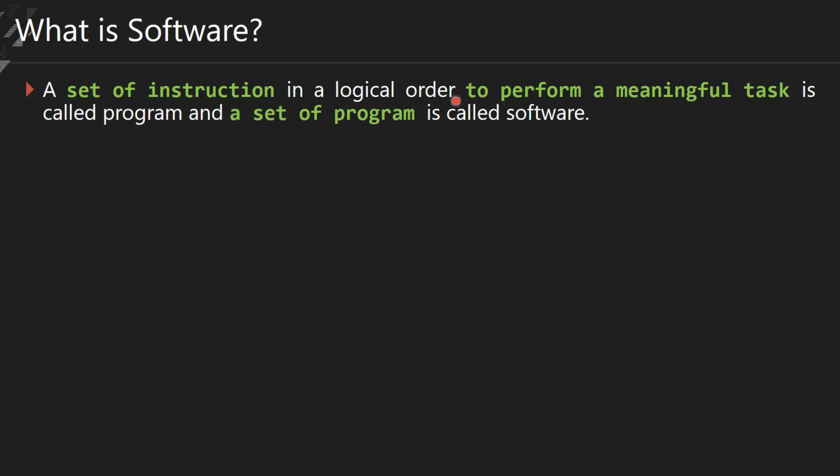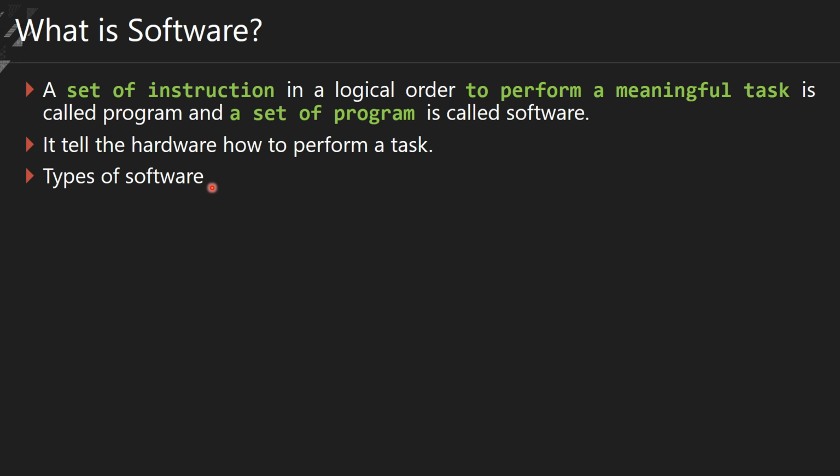This set of instructions given in a logical order to perform a meaningful task is called a program, and a set of programs is called software, right? It tells the hardware how to perform the task.